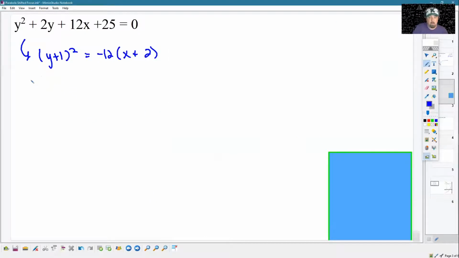Now I'm going to forget about those for a second, okay? I'm only going to find the p so I can find the shift, because what we're saying is this is the same graph as y squared equals negative 12 times x, but because of the two transformations we're forgetting about until the end, we've got to move it down by 1, and we have to move it left 2.